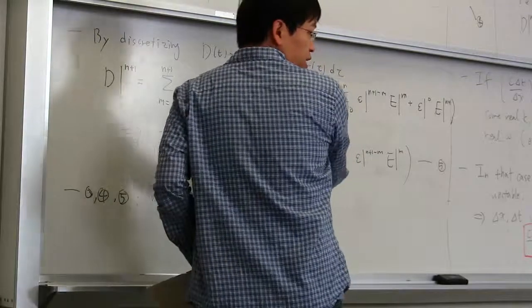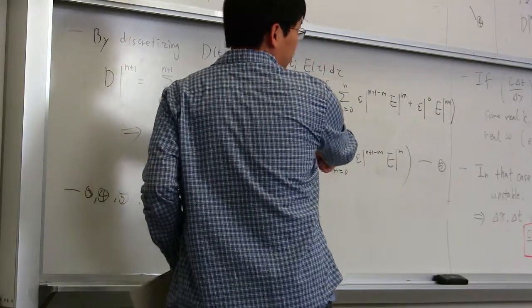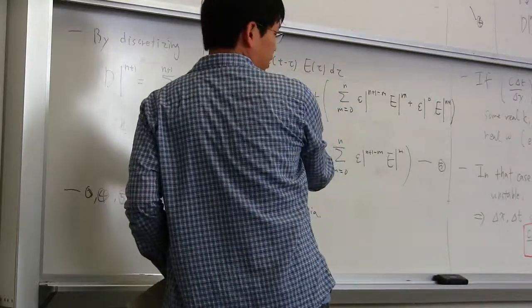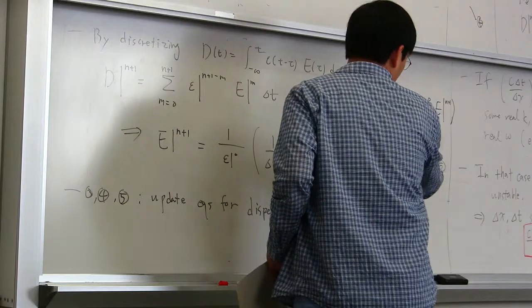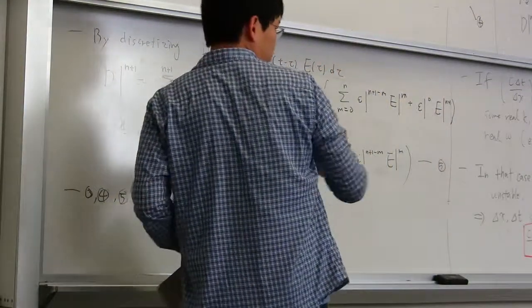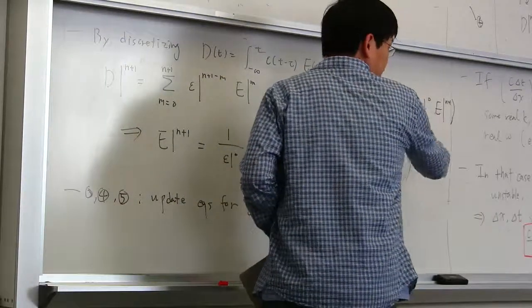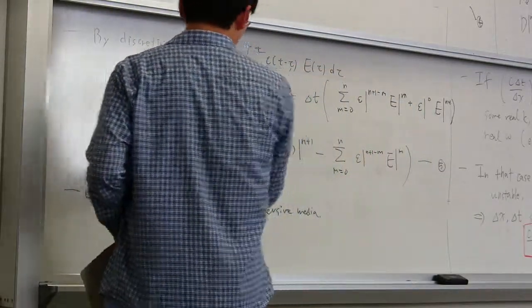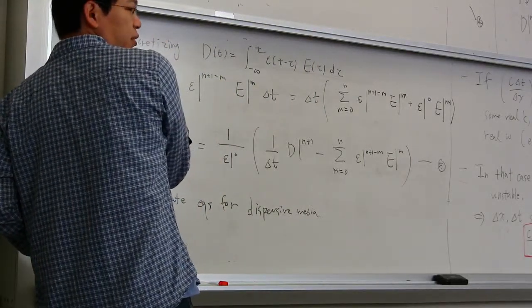On the right hand side of this new updated equation, you have the updated D field you get from equation 4, and you have to use all the E field from n equals 0 to the previous time step. So you already know this information. So you can actually update E at a new time step using this.